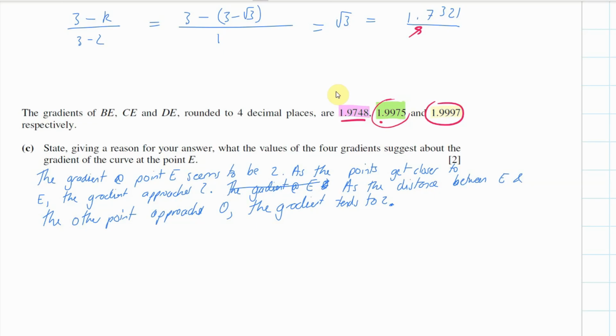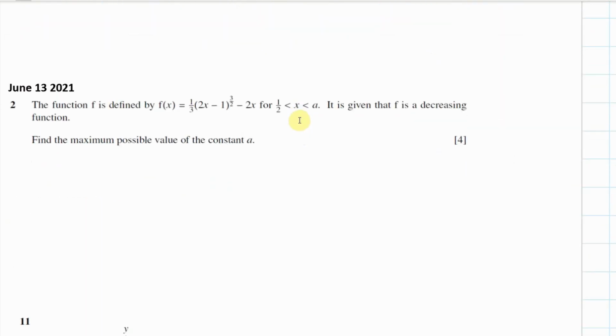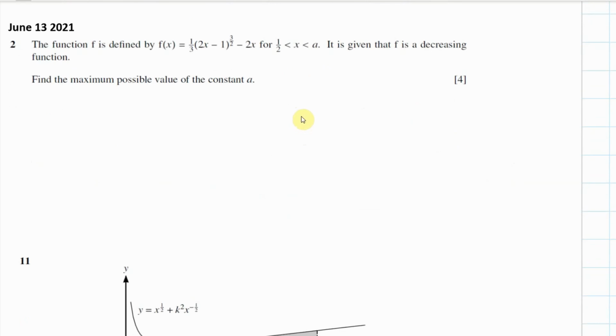All right, so that looks like June 1-2 stuff. June 1-3, what have we got here? The function is defined by this stuff here, and it can go up to a, and it's a decreasing function. So we've got to find the maximum possible value of a. If it's a decreasing function, that means that the gradient is negative.